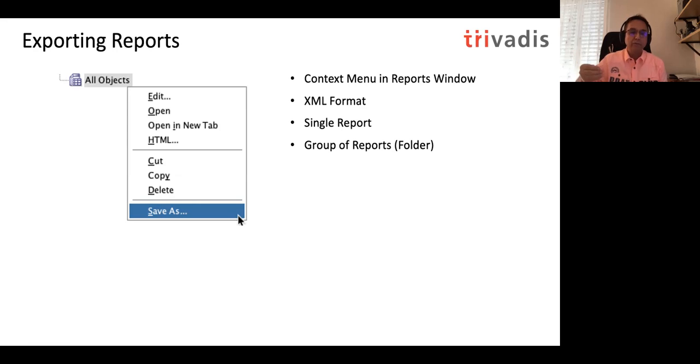I can save a folder containing reports. I can save a folder containing folders and folders and folders with reports, and have everything in one file. For distributing a set of reports, a single file is quite good. For managing them, creating new reports, it's probably easier to have it per report and then manage that stuff in a version control.